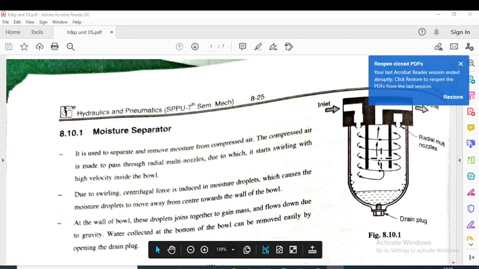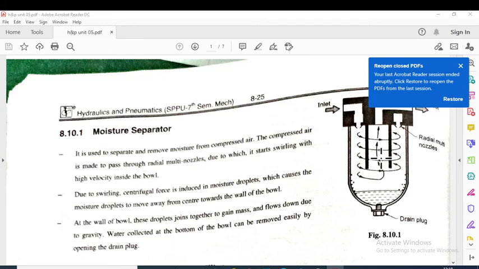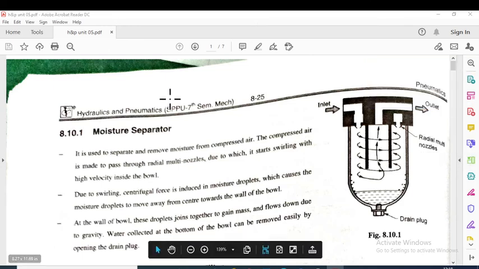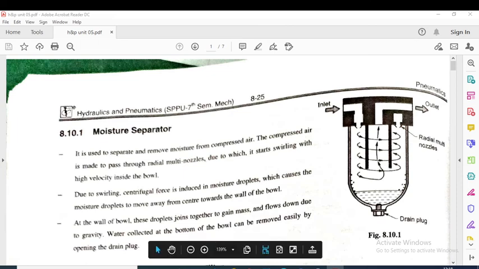Okay. So today we are starting the session by understanding the concept of the moisture separator. So what is a moisture separator and why is it required? A moisture separator is a device which we use to separate or eliminate the moisture from the air which is going to enter the pneumatic system.